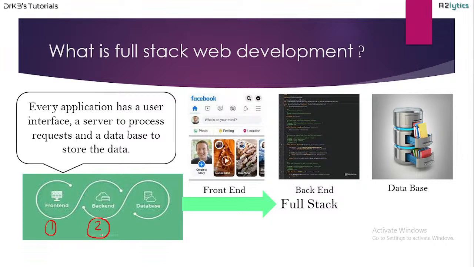And after processing, whatever result it has, it sends back to the front end, or again to the browser. One more part, the third part, is called the database, where data is stored.